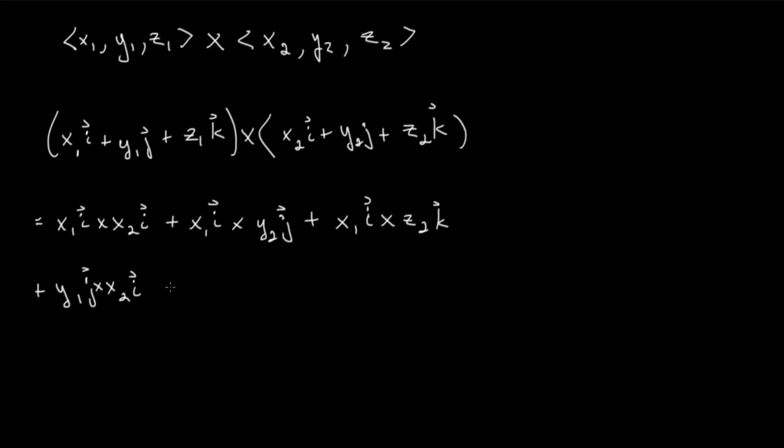All right, I'm going to continue. We're going to have y1 j crossed with y2 j. And then we're going to have y1 j crossed with z2 k. All right, I'm going to go down to the next line. Plus, what's the last one? z1 k. We're going to cross that with x2 i.